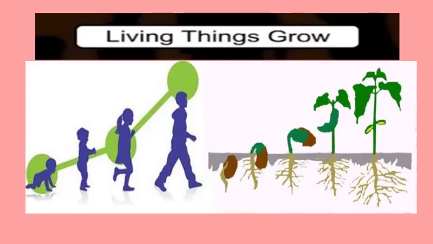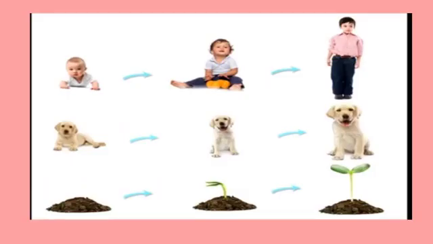Children, now let us discuss the next characteristic of living things, that is living things grow. All living things grow. Let us understand how growth happens with the help of this slide. A mango first grows into a baby plant and then into a tree.